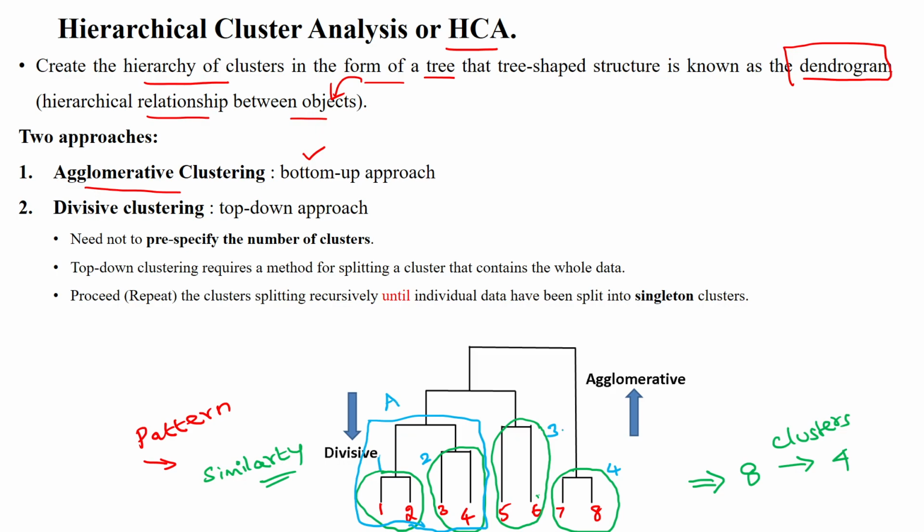Then after this step, again we are applying the clustering process. Look at here, this 3 and A are having similar patterns. So this group, A and 3, are having similar patterns, which is combined together to form a single group.